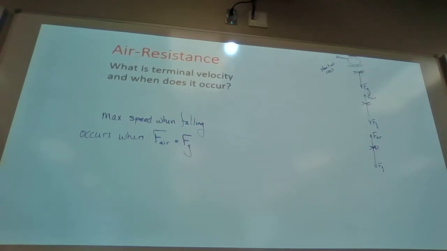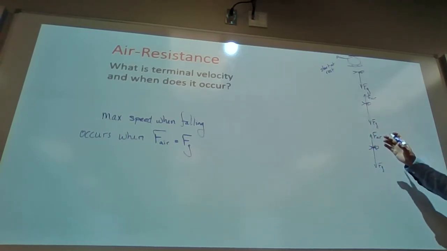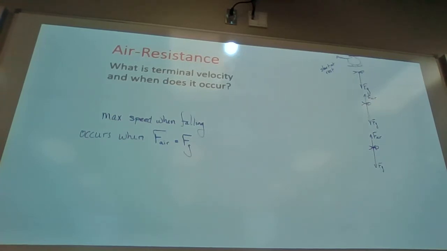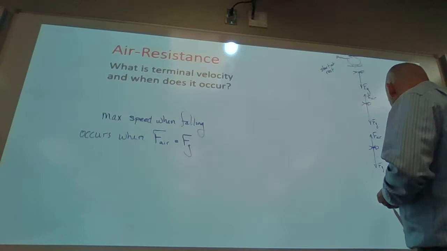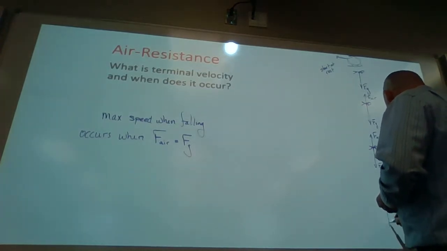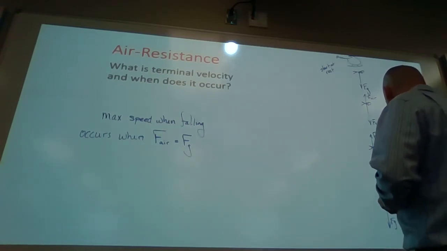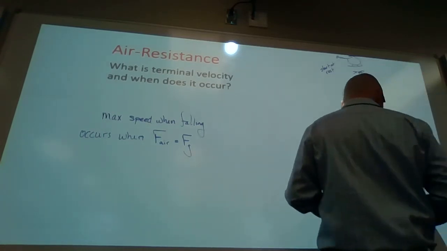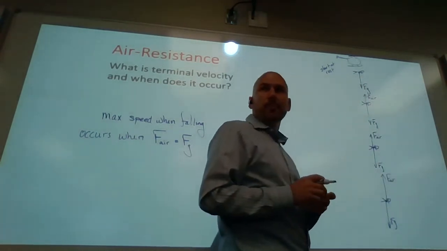You fall faster and faster, air resistance is acting more and more, until... will this increase indefinitely, or at what point will it stop doing that? Yep, when your force of gravity is equal to the air resistance.